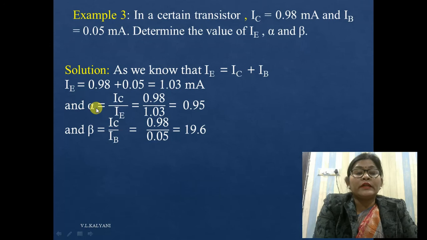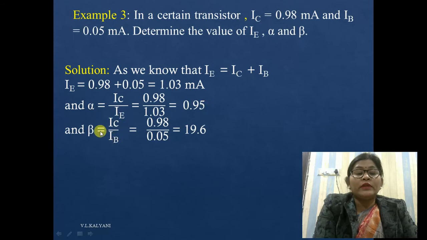Now let's calculate the value of alpha and beta. To calculate the value of alpha, the formula is IC upon IE. The collector current is already given, 0.98, upon IE, which we have already calculated, 1.03 milliampere. So now alpha is equal to 0.95.